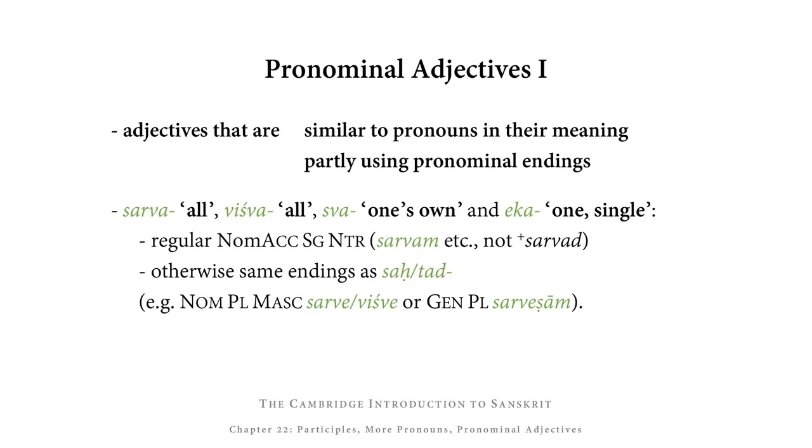These have a regular adjectival nominative accusative singular neuter, so we get sarvam, viśvam, and so on, not sarvad or viśvad. But apart from that, they have the same endings as sa/tad. So for example, the nominative plural masculine is sarve or viśve or sve. The genitive plural would end in -eṣām, so sarveṣām, viśveṣām, and so on.